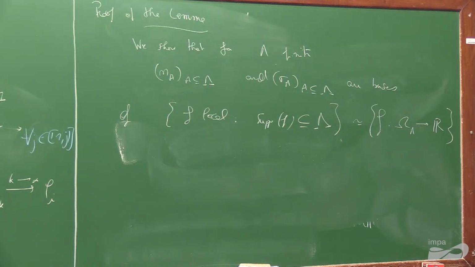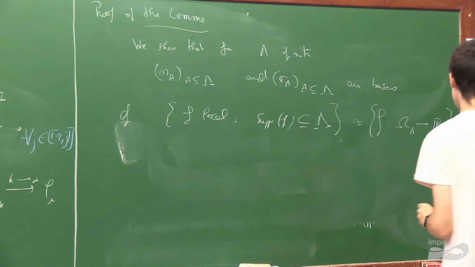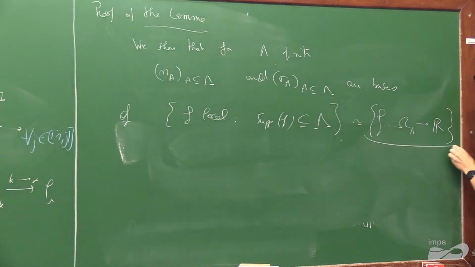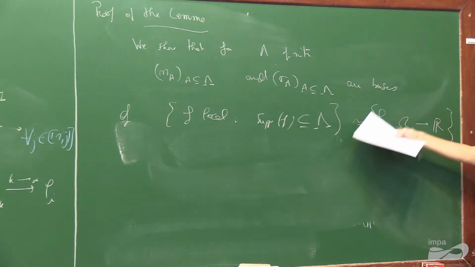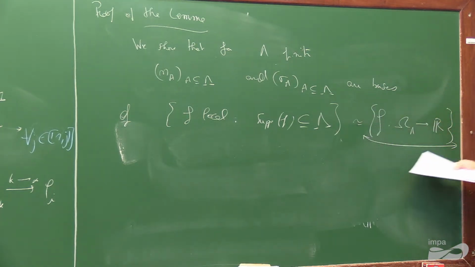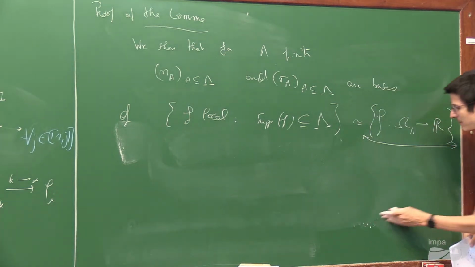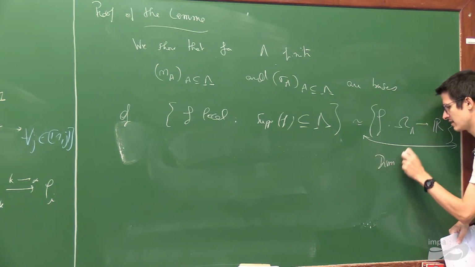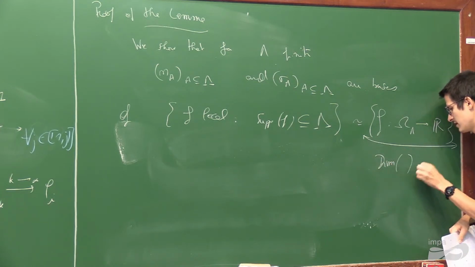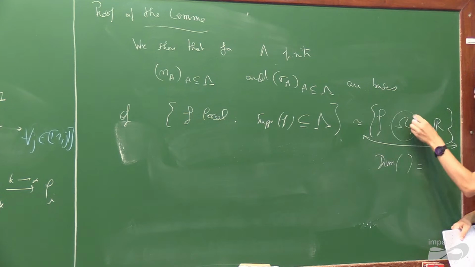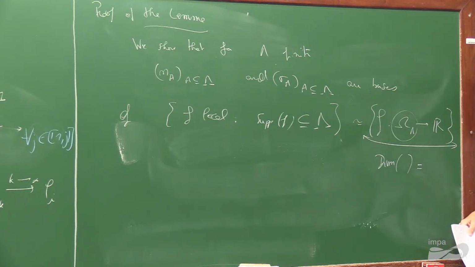Okay, so now if you look at this space, the dimension of this vector space is just the cardinality of the underlying finite space. The set of real valued functions on a finite space has dimension equal to the cardinality of this space.